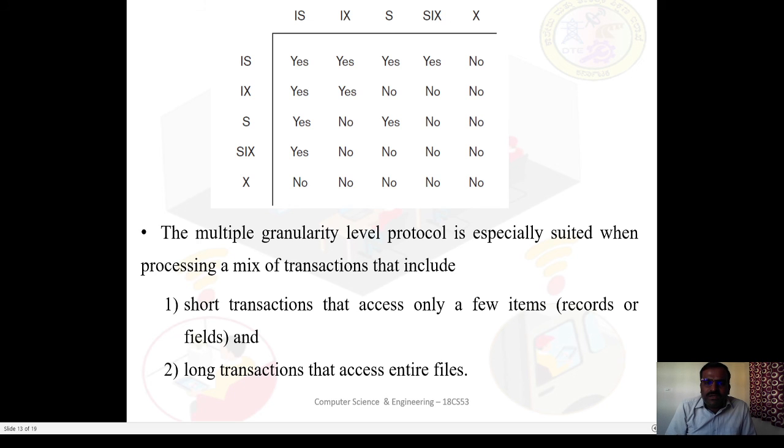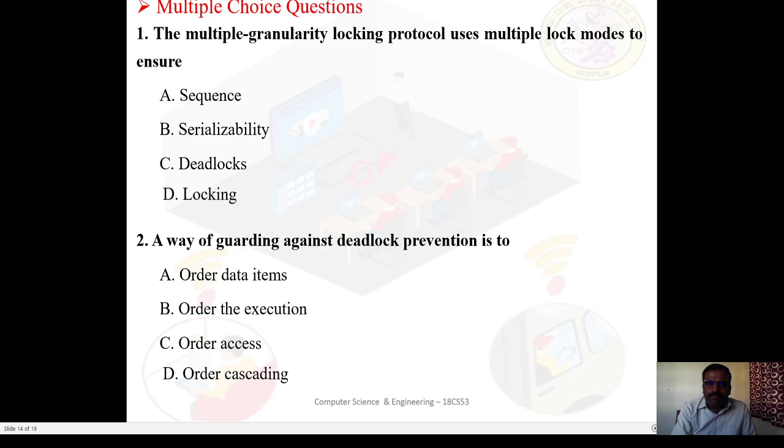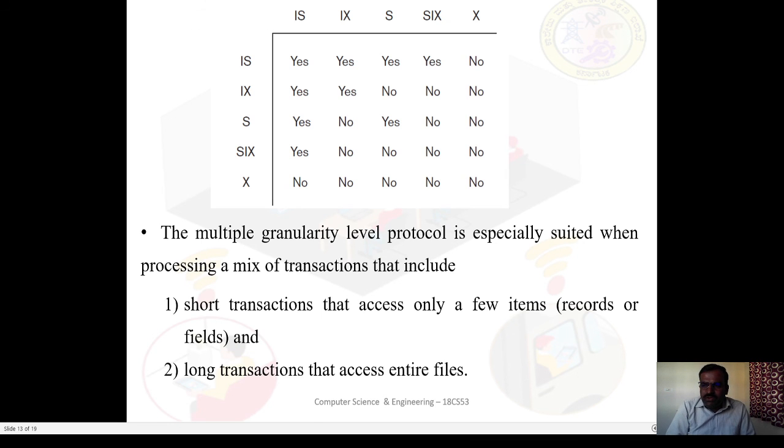The multiple granularity level protocol is especially suited when processing a mix of transactions that include short transactions that access only a few items, meaning records or fields, and long transactions that access entire files. In this environment, less transaction blocking and less locking overhead are incurred.